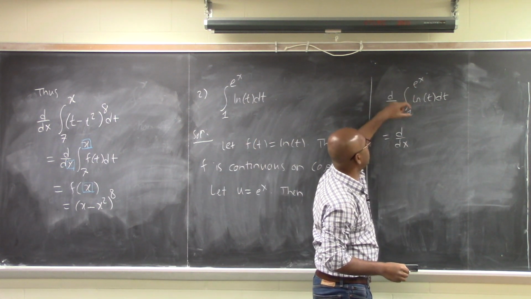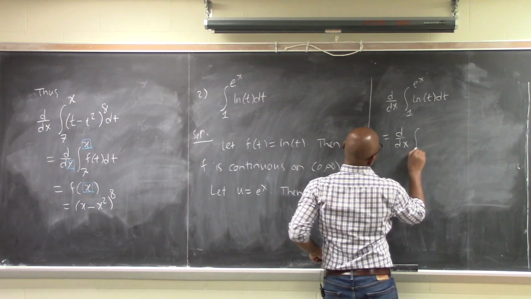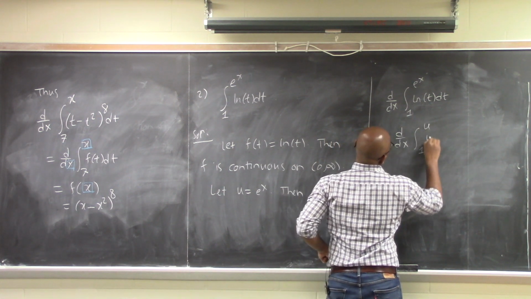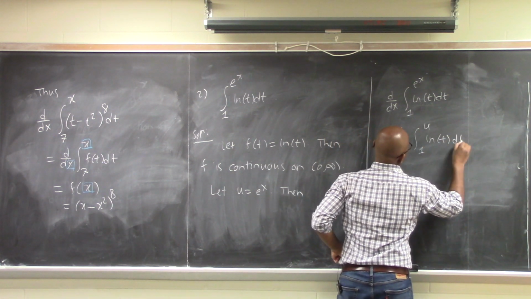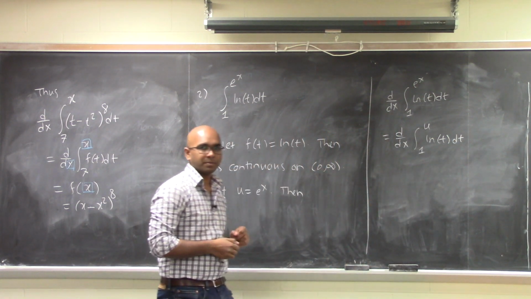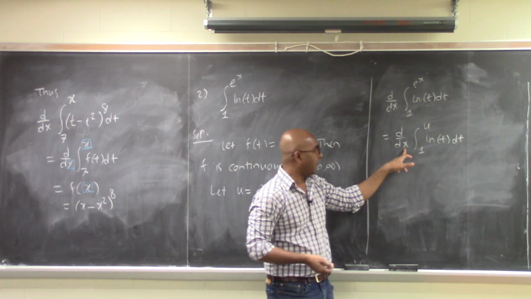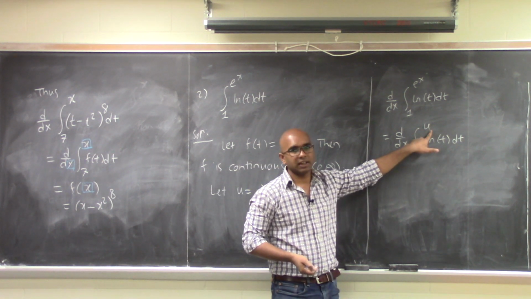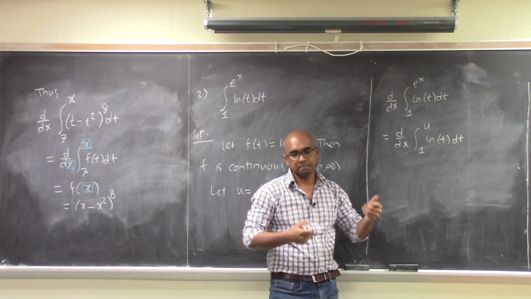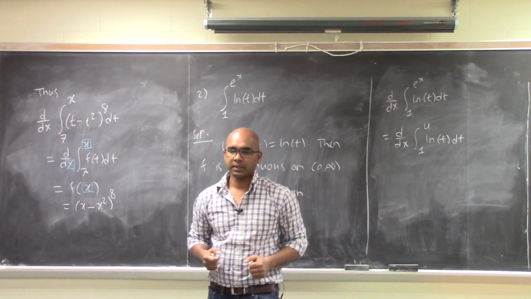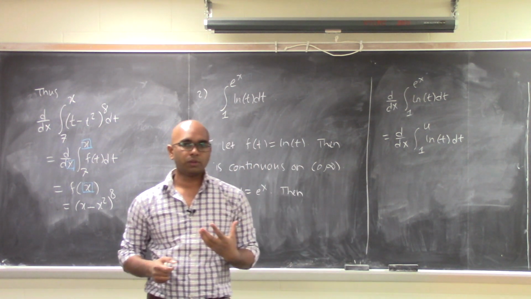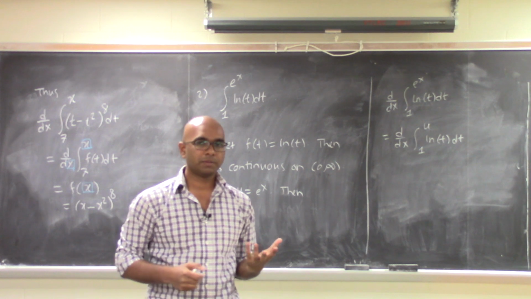So this is integration from 1 up to u, right? Okay, now what is the problem? You had here an x, but you don't have there an x, right? These two things should align, but it does not align. Now what can we do to circumvent this problem?